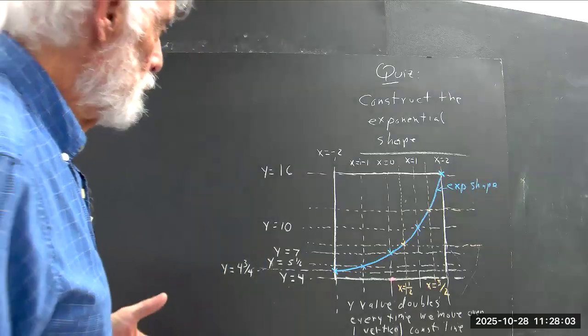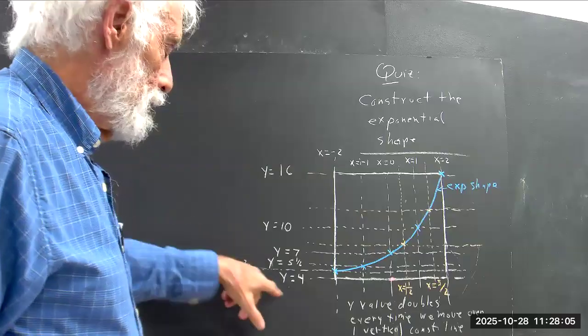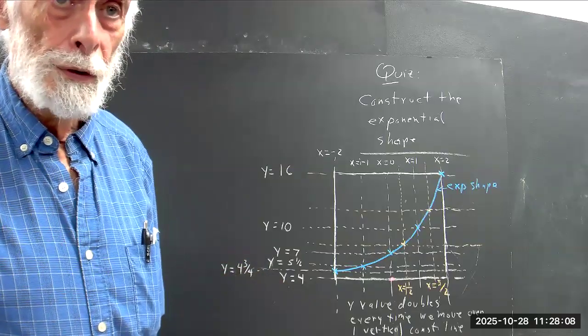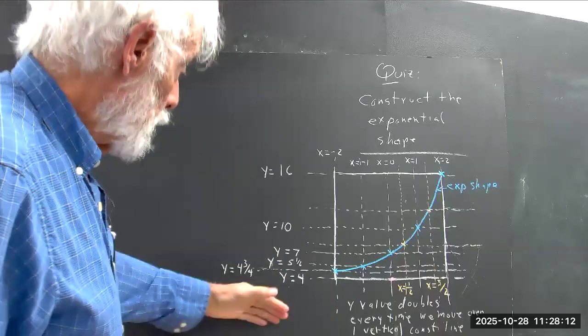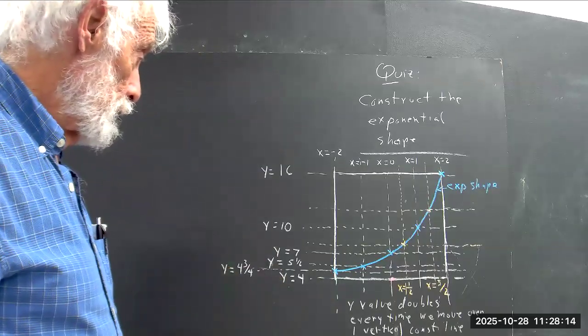Now I've tried to be nice to everybody and not use things that divide up into halves and quarters and stuff like that. But those things do occur, so we might as well get used to that idea.